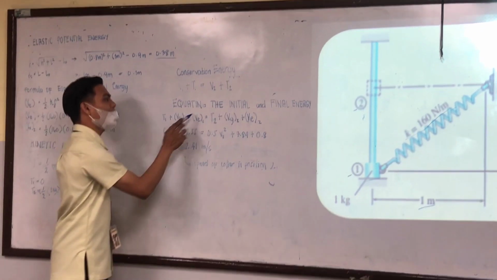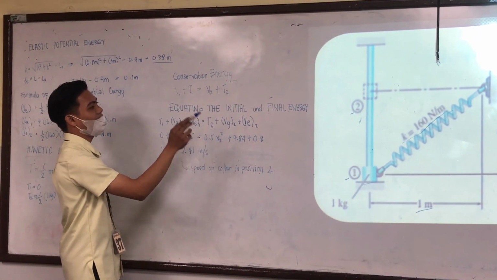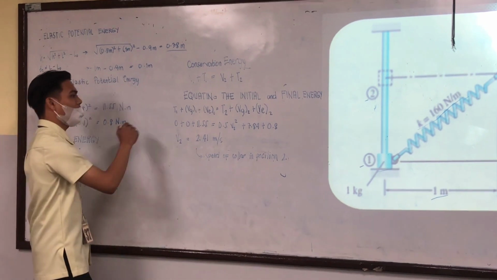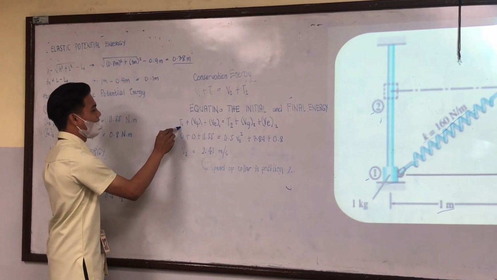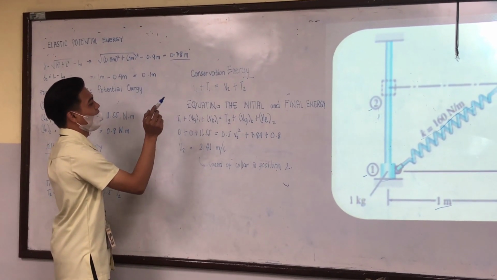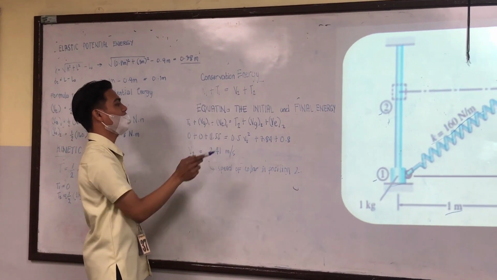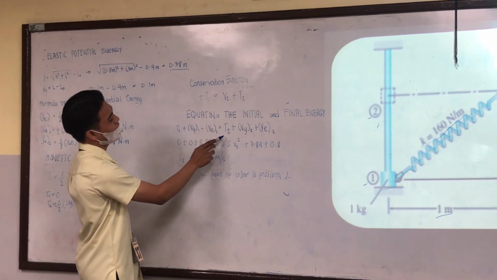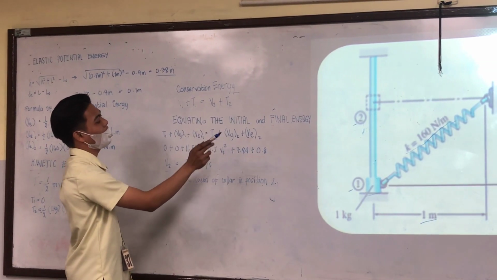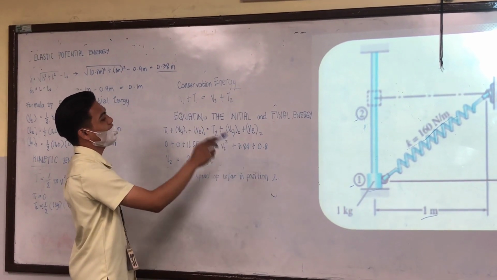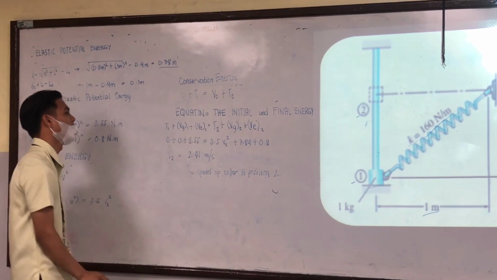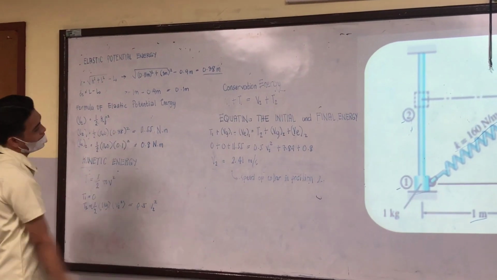But in equating the initial and final energy, we derived the formula as T1 plus the first gravitational potential energy plus the first elastic potential energy is equal to T2 plus the second gravitational potential energy plus the second elastic potential energy.